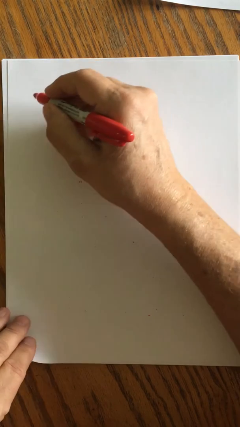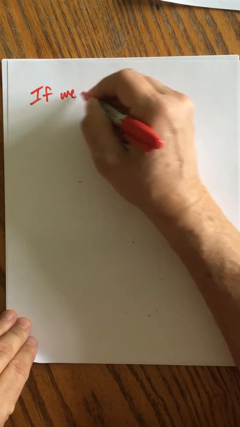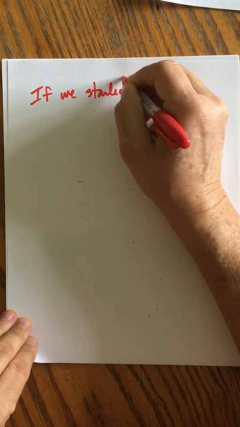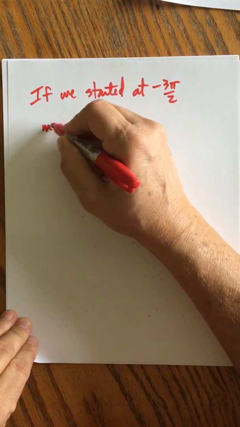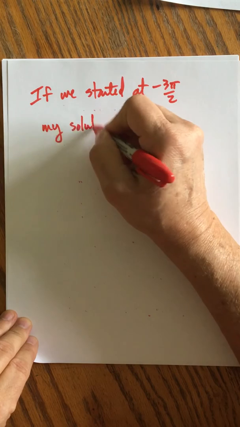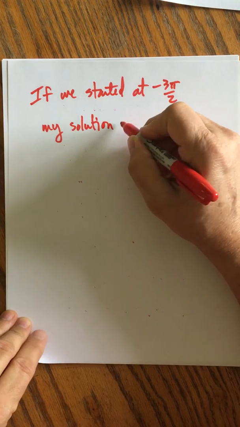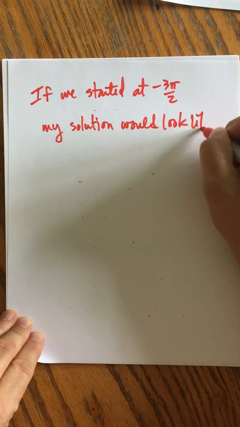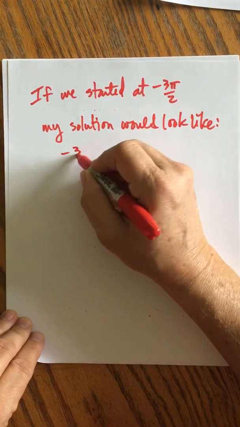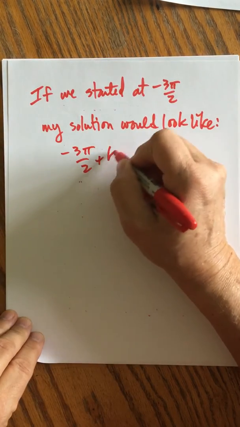Well, I would still use, so if we started at negative 3 pi over 2, my solution set would look like negative 3 pi over 2 plus k pi.